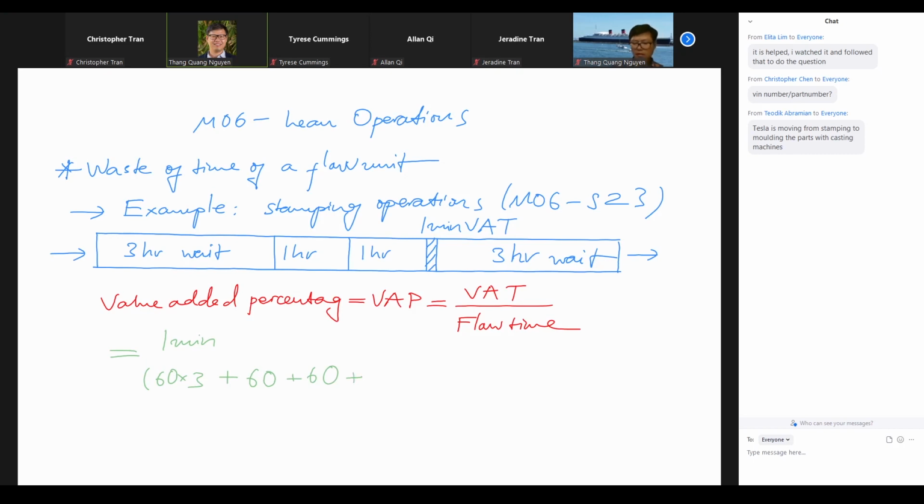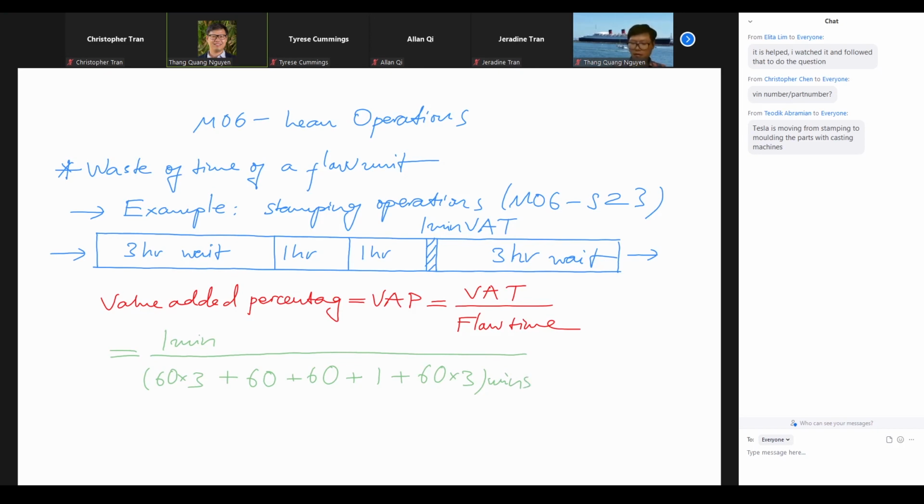And then here is where sometimes we miss: this is value added time. It is small, but it is part of the flow time, so we have to add it in, right? And then finally, with the 3 hours wait, we do 60 times 3. Everything here is in minutes.